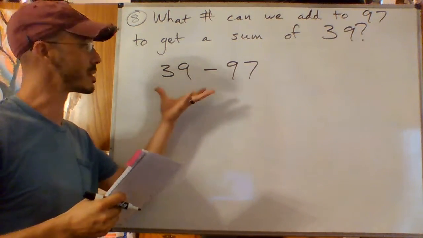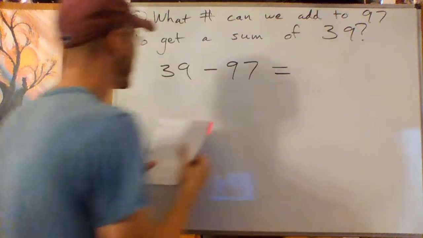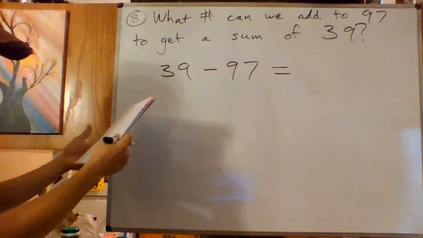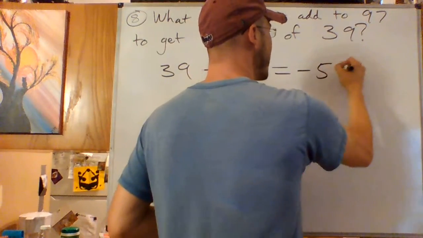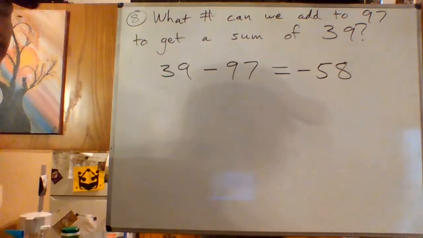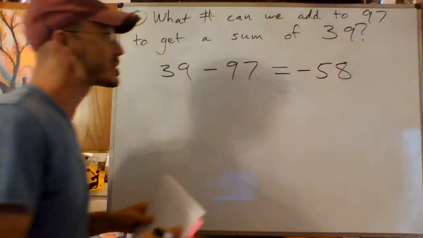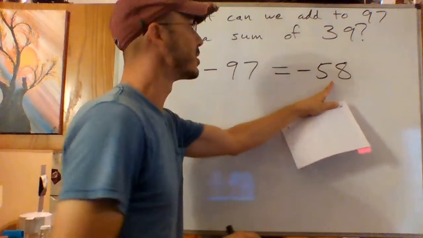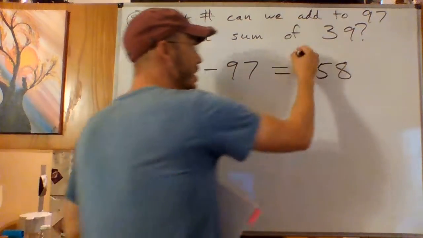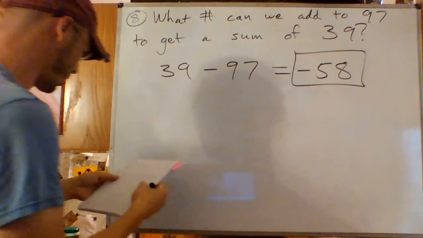And I'll show you that this is going to give us the right thing in a minute, but 39 minus 97 is negative 58. I think I did that with a calculator just to be quick about it. But you can test that. 97 plus negative 58 will give you 39. So that is the correct number.